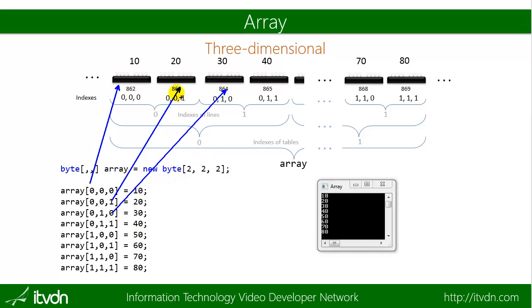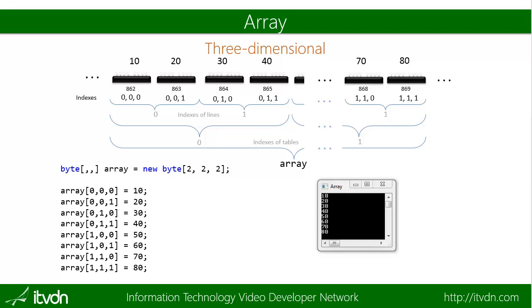So each of them can be assigned a value individually without disturbing the other one. Now, you can see here we have 0, which means we're in this section. The second 0, we're in the shelf, 0 shelf, and the third 0, we're in the 0 section. So this is how you can imagine this.